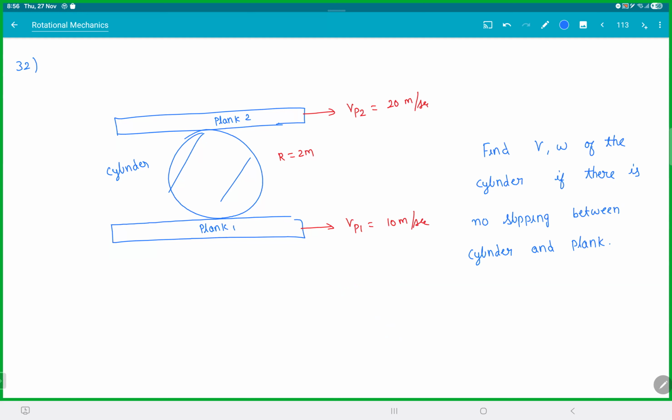This is the third thing. You know already how to calculate torque. You know how to already calculate moment of inertia. Now, if you know how to apply no slipping condition, I think all our ingredients are ready. Try. Take a minute.